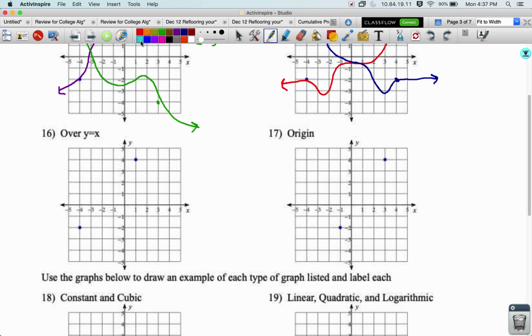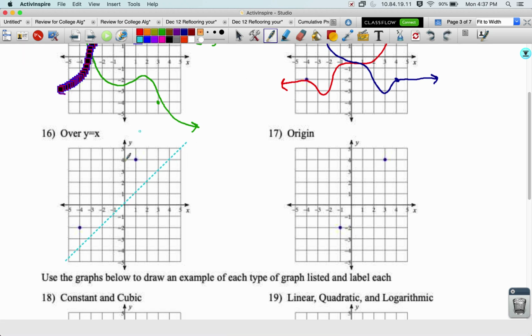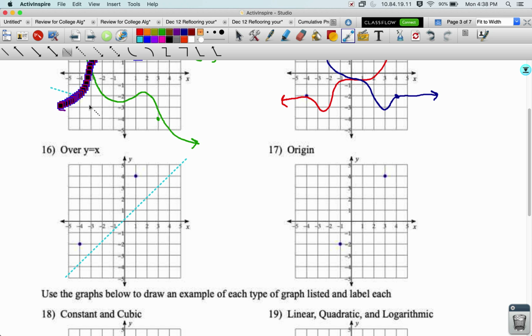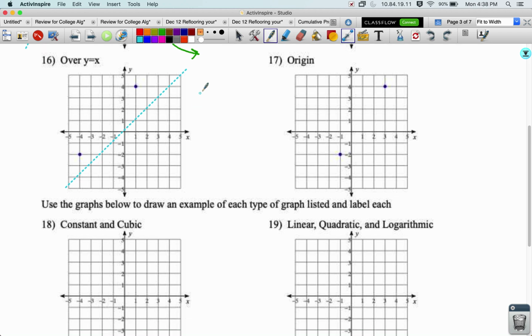Over the line y = x, so here it can be helpful to dot in the line y = x to show kind of where the plane of our mirror is going to be. Don't know how to make that go away. There we go. So with this, any point in the original graph (x, y) is going to flip to being (y, x).